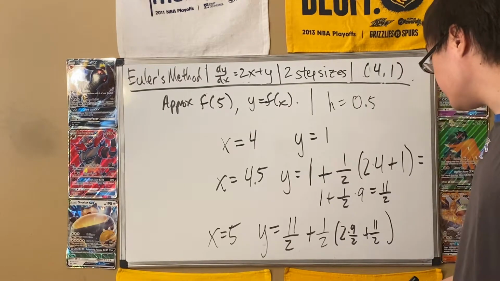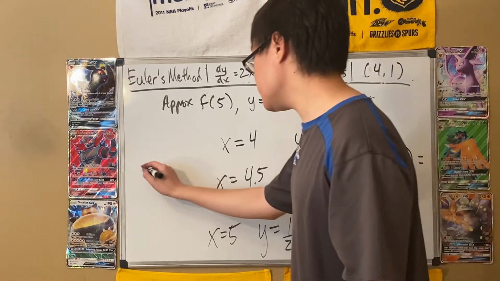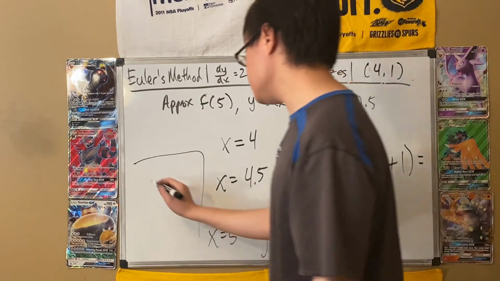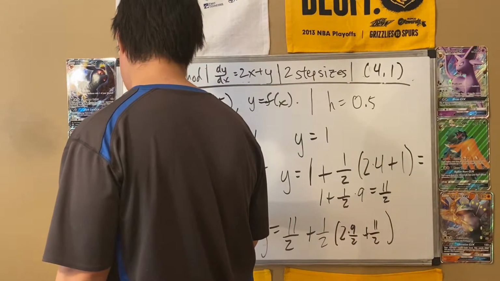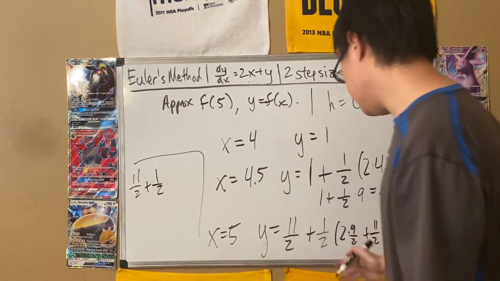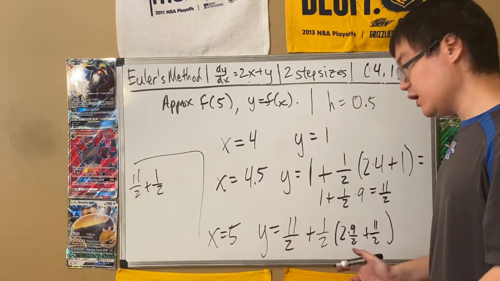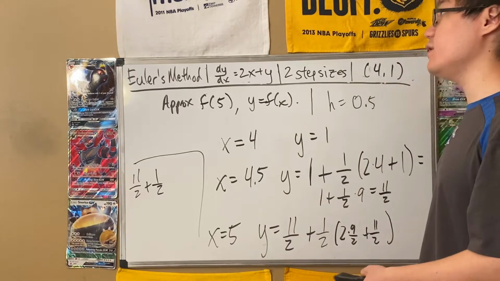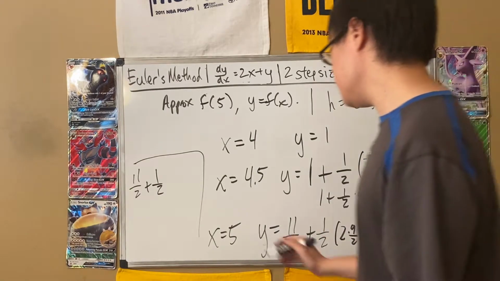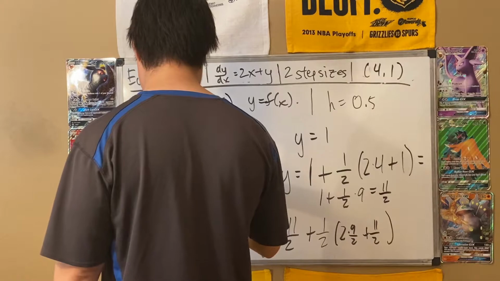18 plus 11, do I know that math? Let's do this math on the side. So we have this 11 halves here, plus 1/2. If I had more space on this small board, I would do it immediately below it. But 18 plus 11, I believe, is 29. So it can be 29 halves.